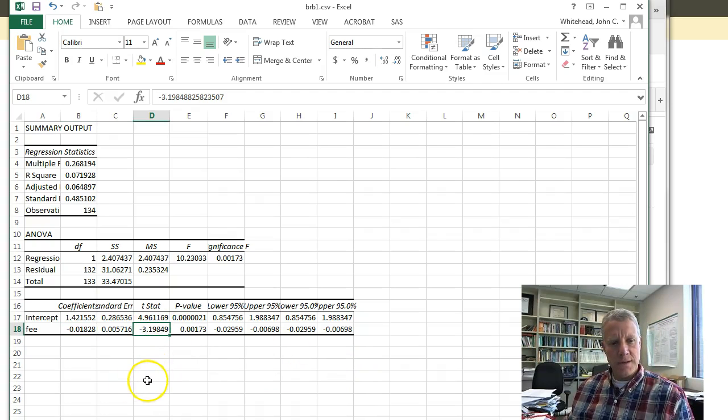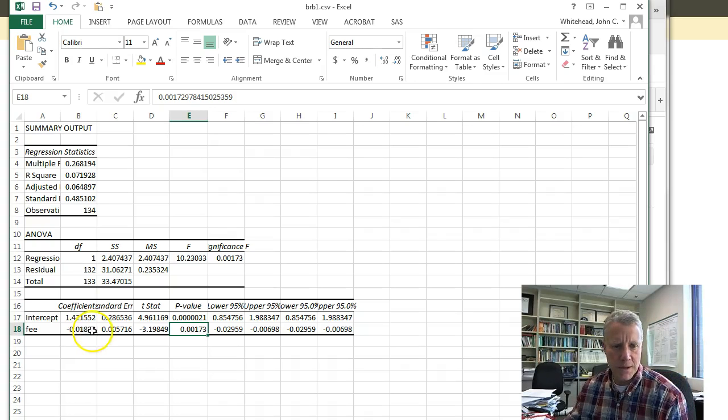Our t statistic is negative 3.198 or minus 3.2, which again is above 2 in absolute value. This tells us we're about 99% sure that that slope coefficient is not 0.